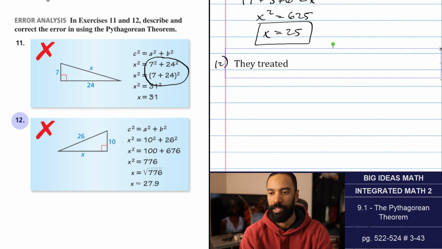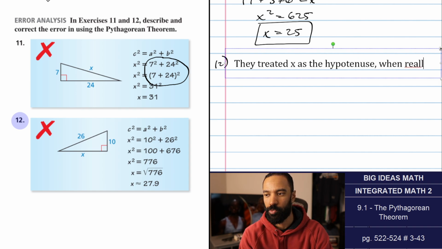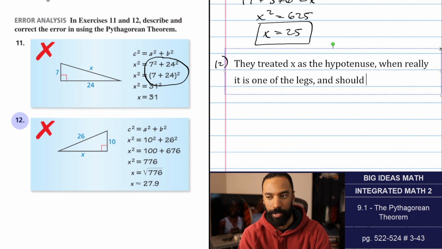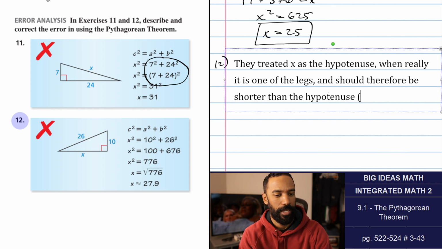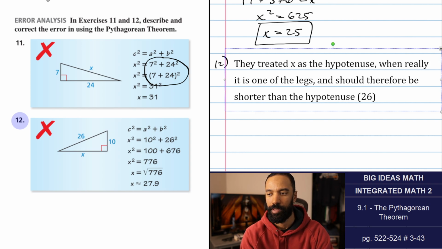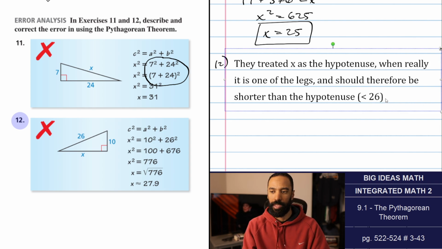They treated x as the hypotenuse when really it is one of the legs and should be shorter than the hypotenuse. And remember, our hypotenuse in this case is 26. So less than 26. Okay.